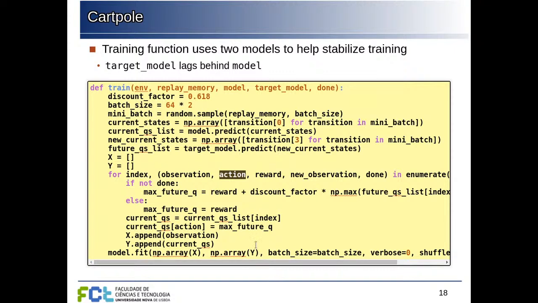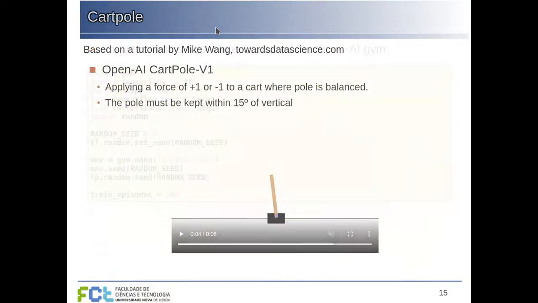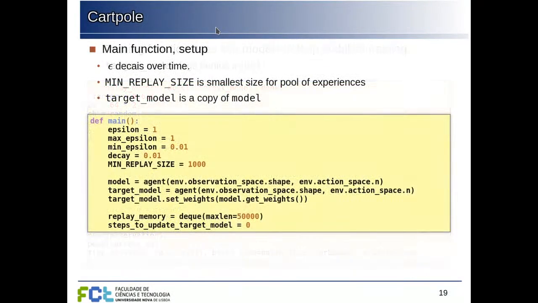Now, one particular detail here is that we are using this target model for the predictions of the future expected result instead of the actual model for our agent, the model we are using to decide on each action. The reason for this, and this is a trick here, is that they are using one model for the agent.